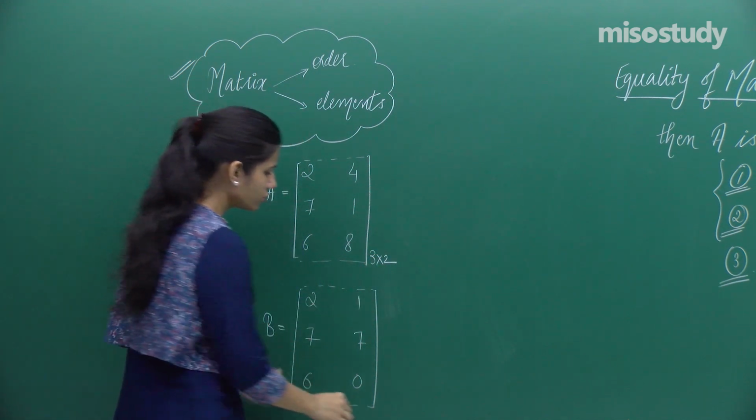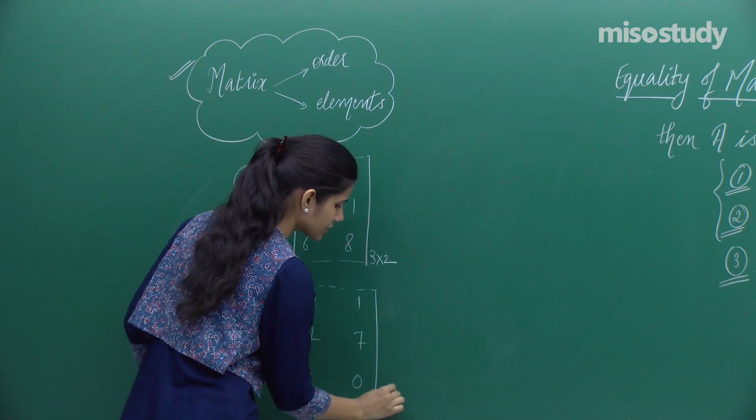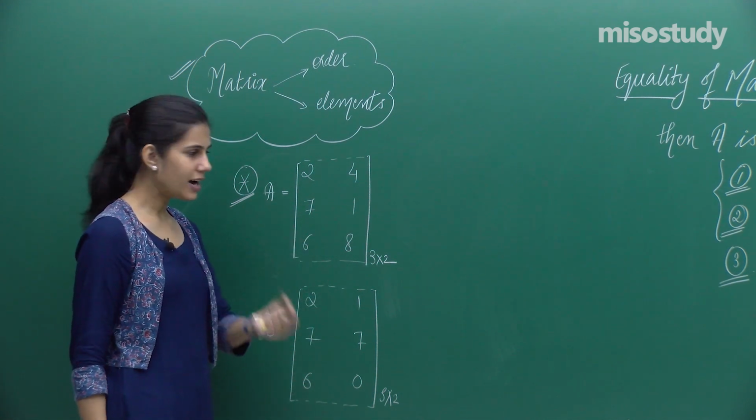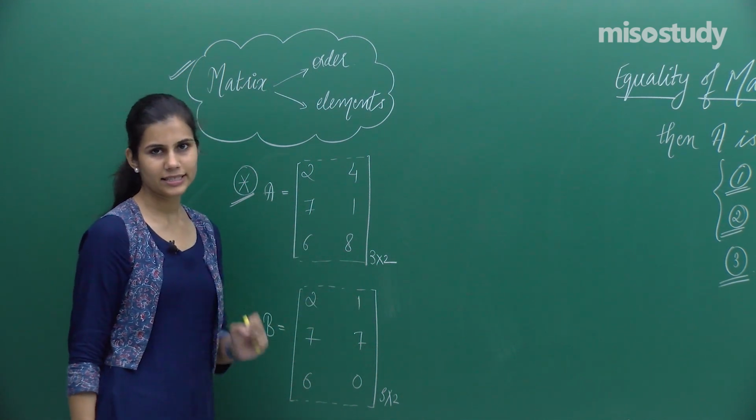This has 3 rows, 2 columns, so it is a 3 cross 2 matrix. You can clearly see length is the same, breadth is the same. Why? Because number of rows and number of columns is exactly the same.